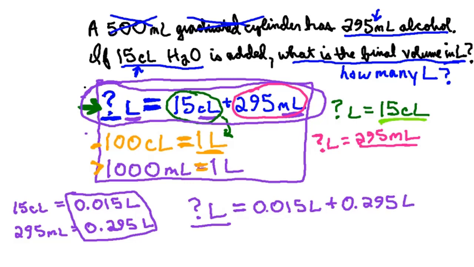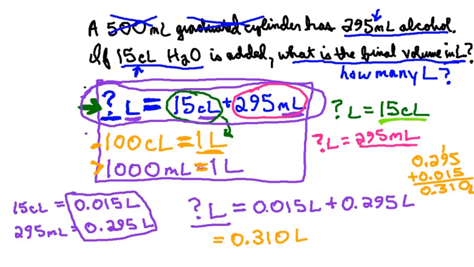So now we can add all these together and come up with the amount of liters that this has. So this would be 0.310 liters, and so that would be the final volume in liters.